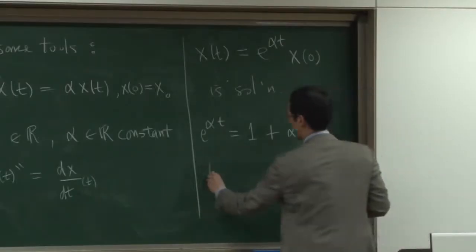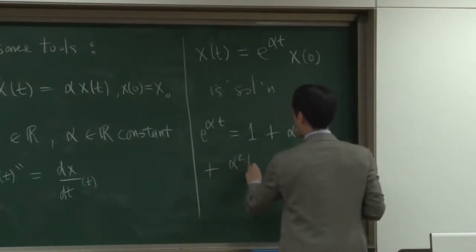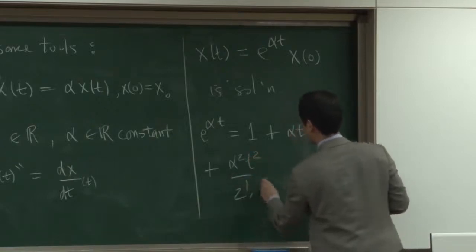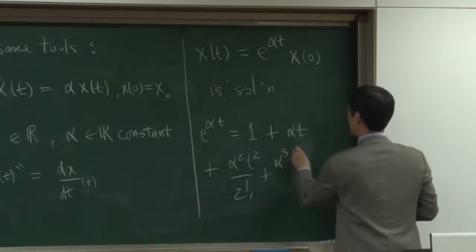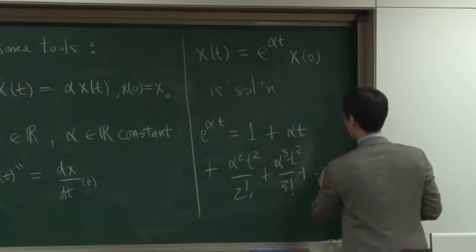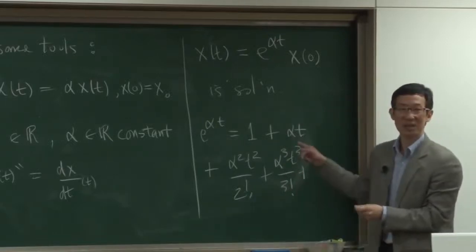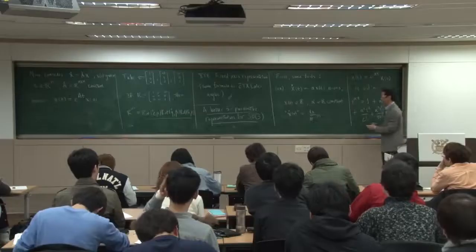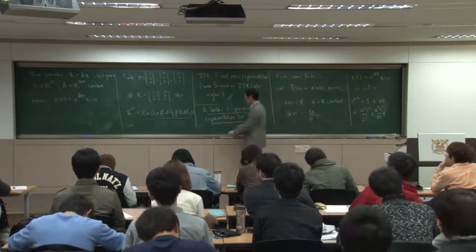It's a series: 1 plus alpha t plus alpha squared t squared over 2 factorial plus alpha cubed t cubed over 3 factorial plus so on. So it's an infinite series.